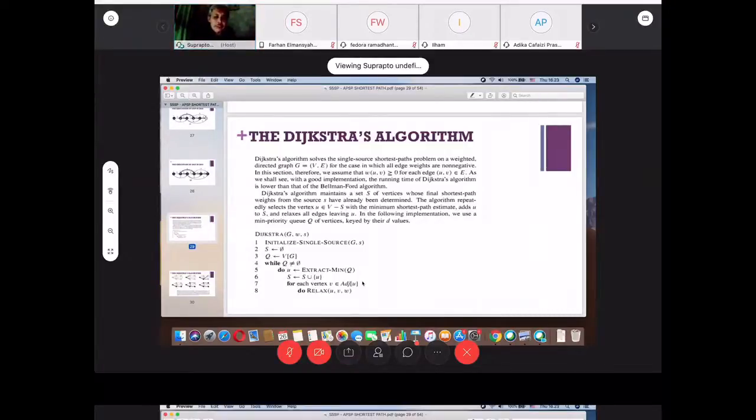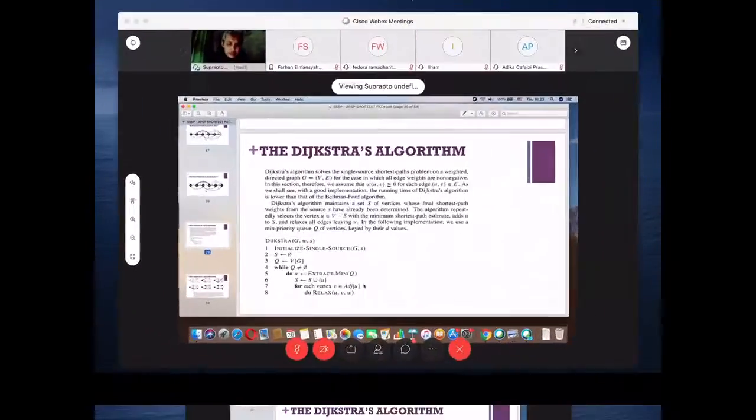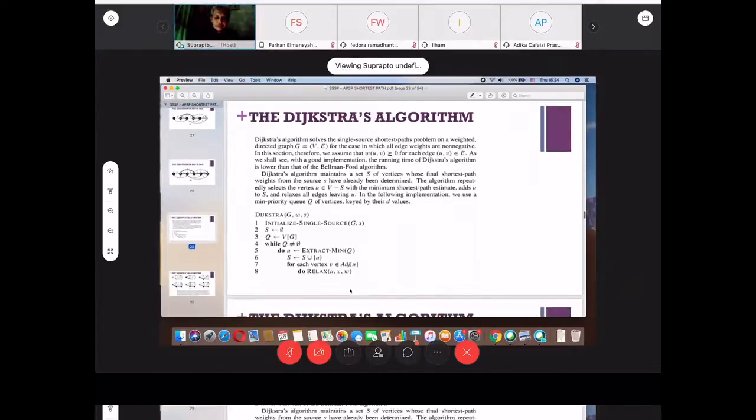The highest priority element will be accessed first, and I think the priority in this case is the shortest path estimate. Yeah, shortest path estimate. We'll see it in the illustration.